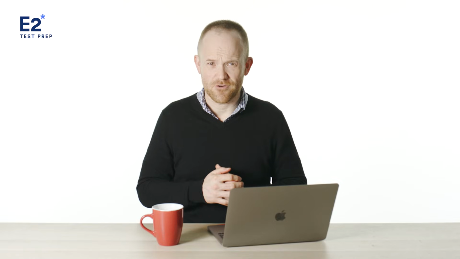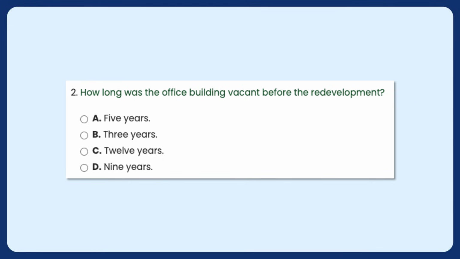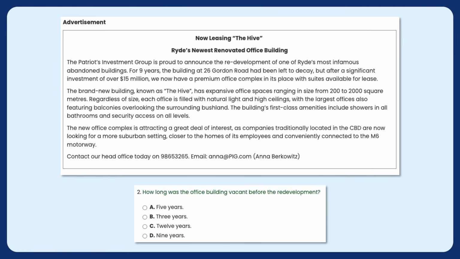Let's have a look at question 2. How long was the office building vacant before the redevelopment? Okay, so this is definitely the first text. Do you remember the answer? I think I know what it might be, but let's look. I think I remember where the answer is. Here's the text. How long was it vacant? Okay, so strong vocab will help here.